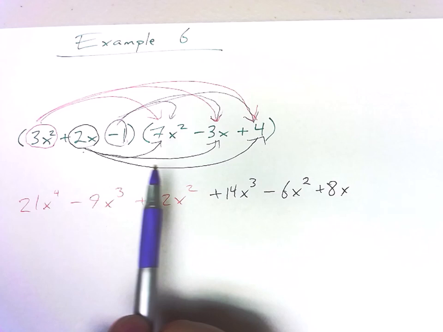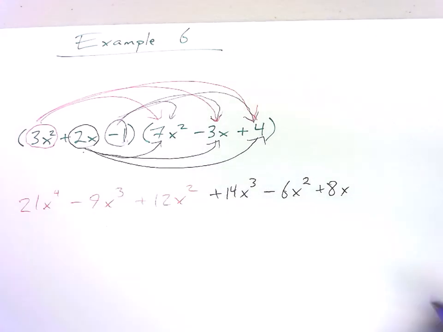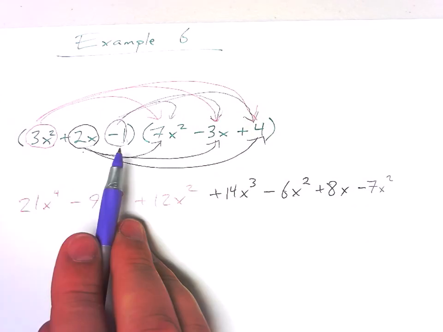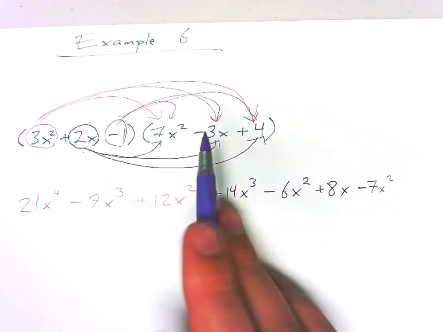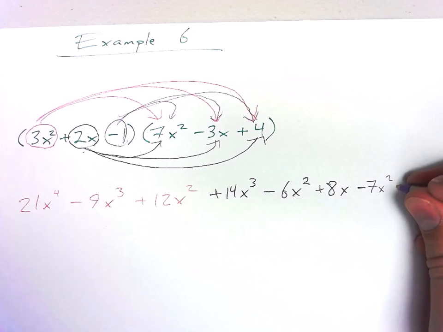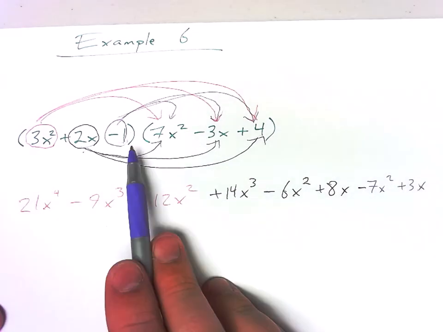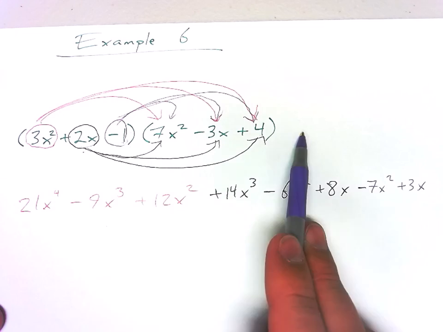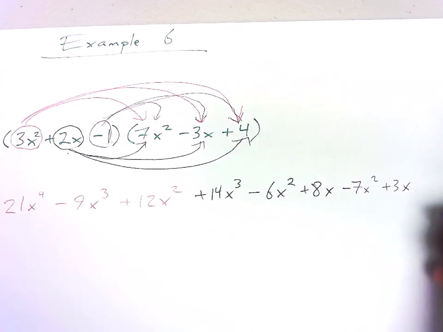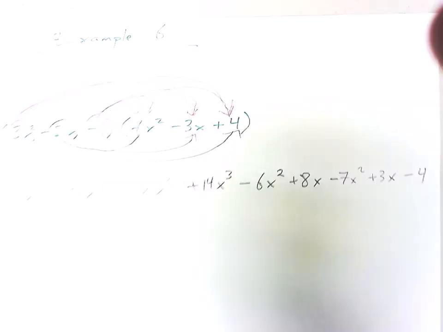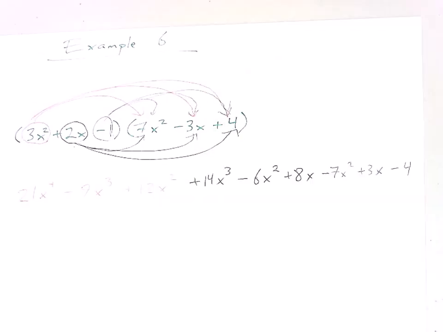And now the last part, which I did in purple, negative 1 times 7x squared will be minus 7x squared. Negative 1 times negative 3x will be positive 3x. And then negative 1 times 4 will be minus 4.